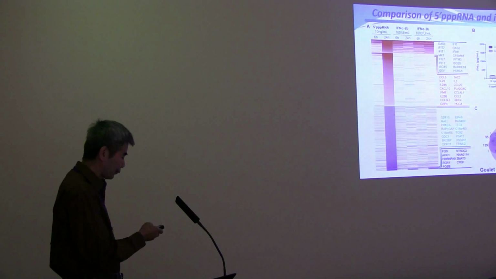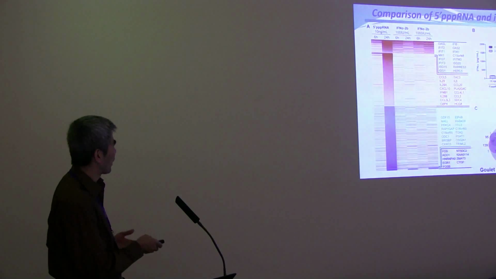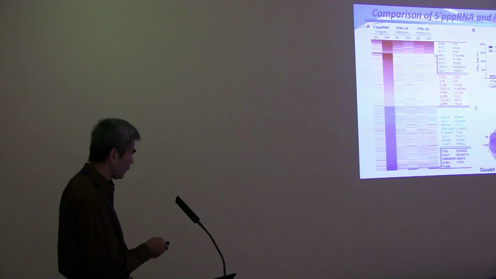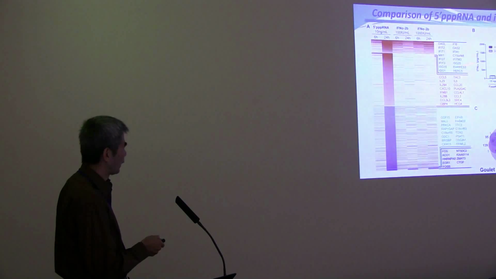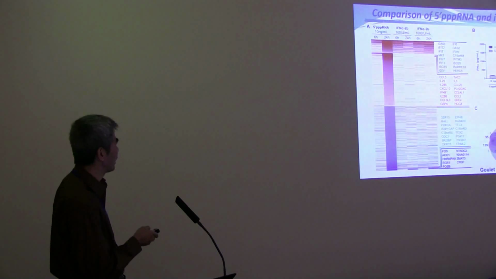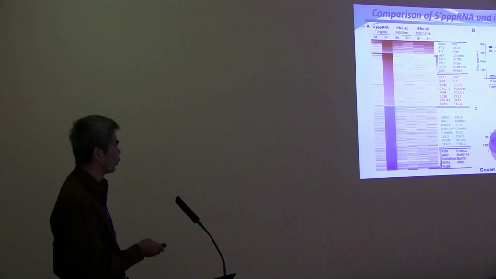Recently, we used 5' PPP RNA to trigger RIG-I. We found that administration of the 5' PPP RNA in mice can protect against a lethal challenge of influenza virus.